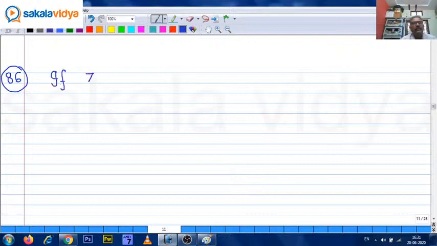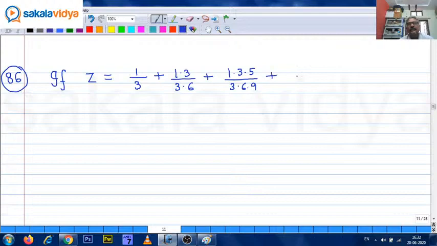If z is equal to 1 upon 3 plus 1 times 3 upon 3 times 6 plus 1 times 3 times 5 upon 3 times 6 times 9 plus, and so on to infinity, then: first option, z square minus 2z plus 2 equals 0.